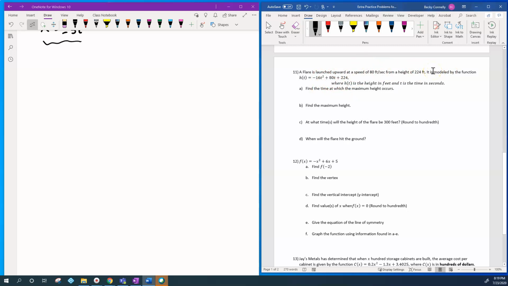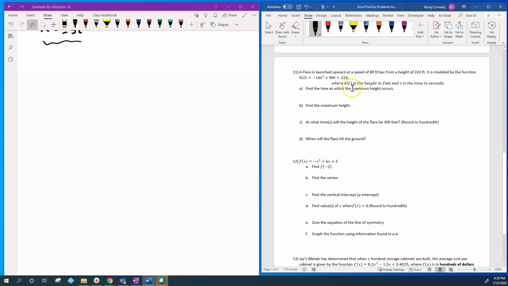You've seen it on story problems, but they're using that information to make this quadratic equation and this function that they have there. So you don't have to know how to write these functions for the test. It will be given to you for sure. And then you're going to use that.